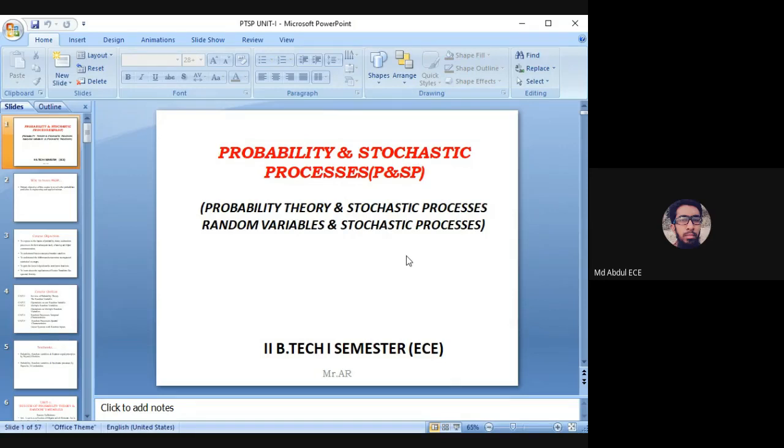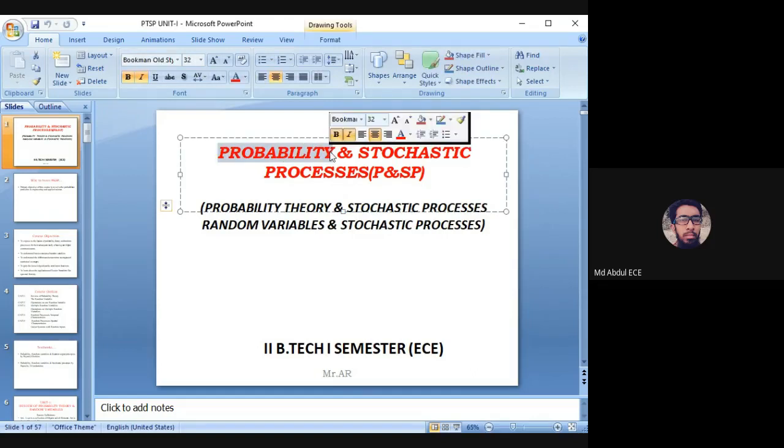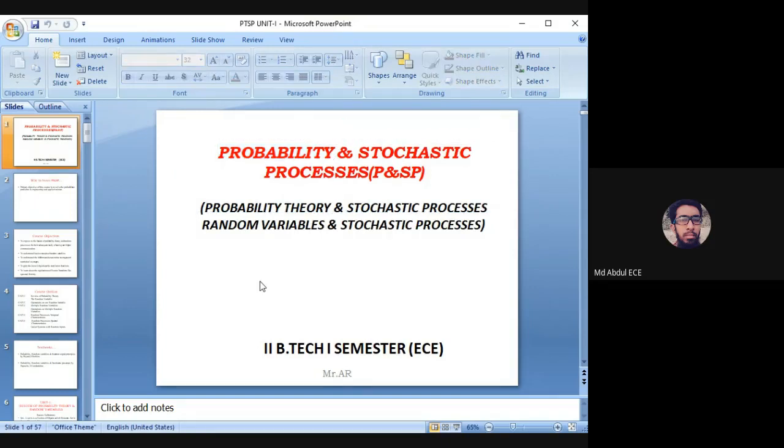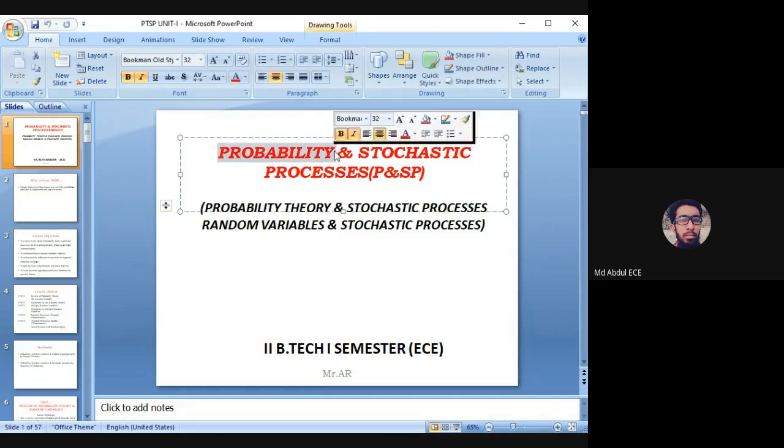Though we have different names for this course, most of these three have the same syllabus. The only difference is that the first part of the first unit is about probability theory, so the basic definitions you are going to come across in this probability.